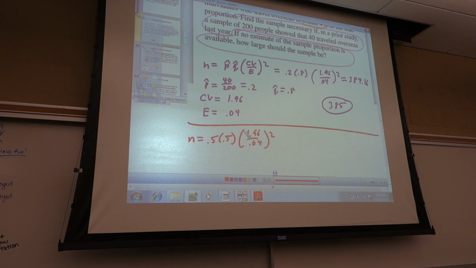So that's 0.04, not 4, my bad. And for this one, you got 600.25. And again, you got to round up to 601. Because your p hat is 0.5 and your q hat is 0.5. All right, next problem.